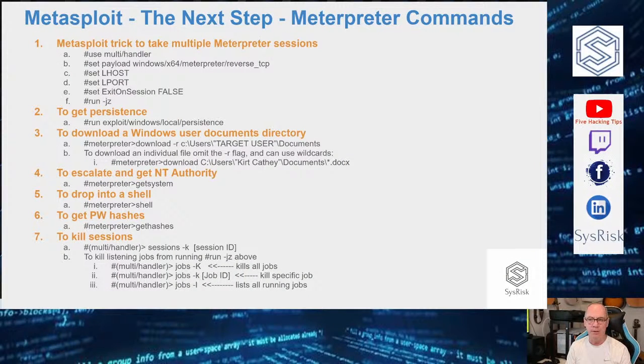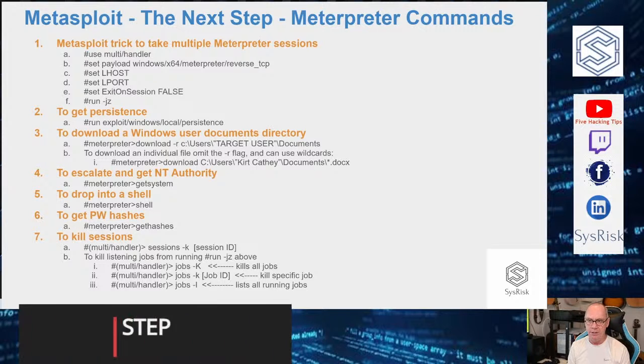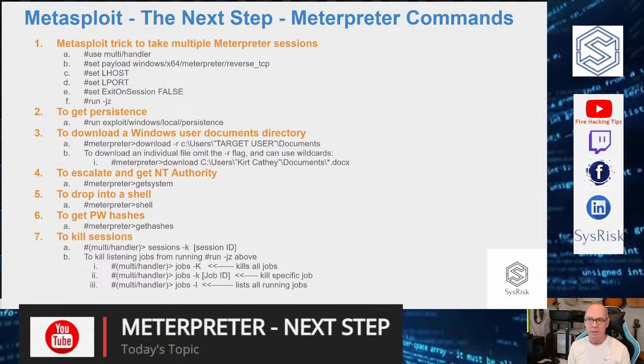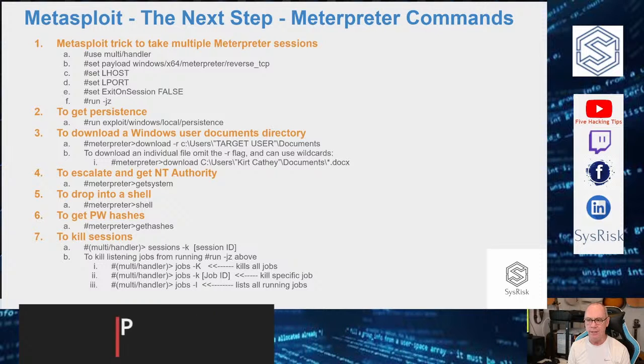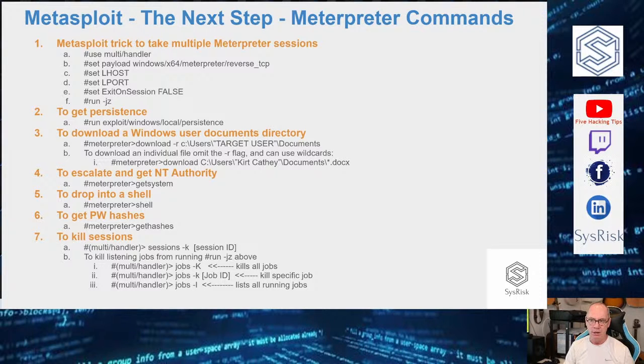So the first commands we're going to cover are all quite basic. You go into Metasploit and you use multi-handler, then you set a payload, and then you set the LHOST and the LPORT. The next command, set ExitOnSession false: the default setup of Meterpreter is that when you get a session, it quits listening and doesn't take on any more reverse shells.